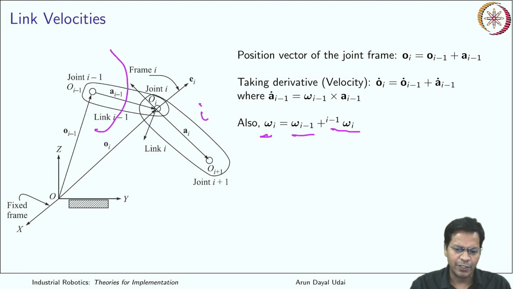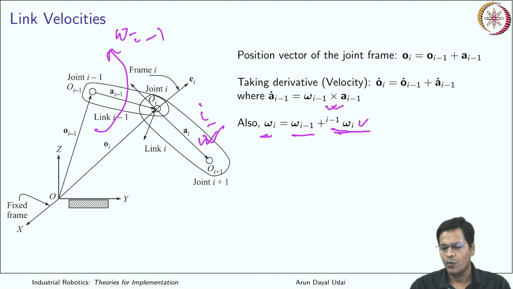So whatever is the angular velocity of the link which is prior to the ith link, that is the omega i-1, this becomes your angular velocity of the ith link. In addition to that, you also have an angular velocity which is a relative velocity. This is the relative angular velocity of the ith link with respect to the i-1th link.